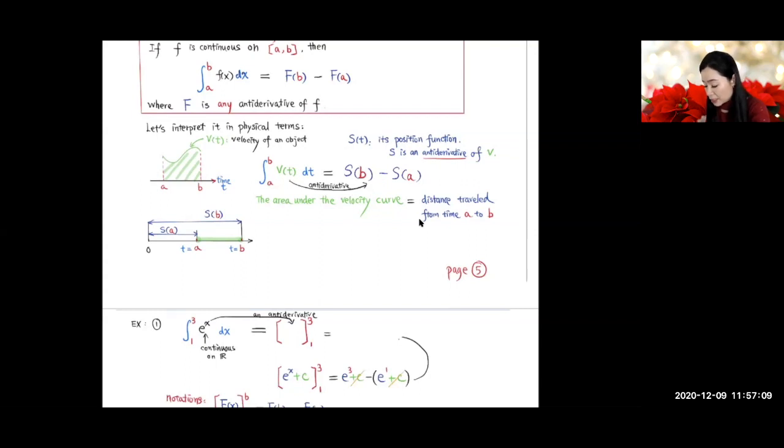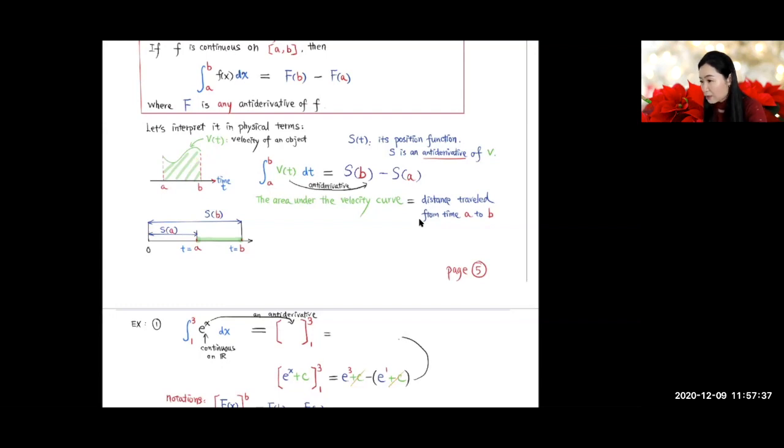Well, which makes sense, right? This integral over here, remember that when you integrate the velocity function, the area under the velocity curve is the distance traveled from time a to time b. So that corresponds to the distance traveled.